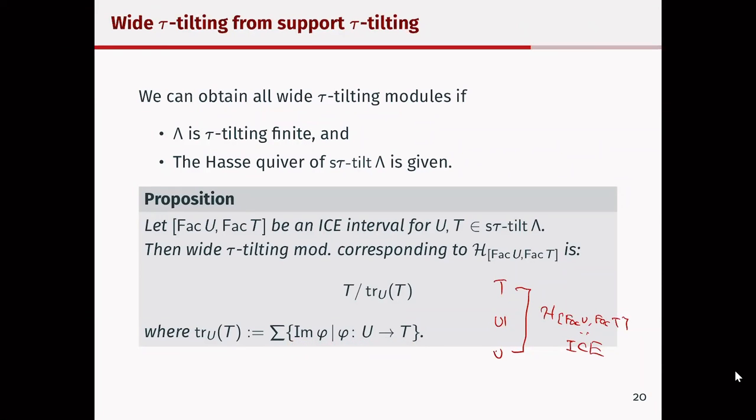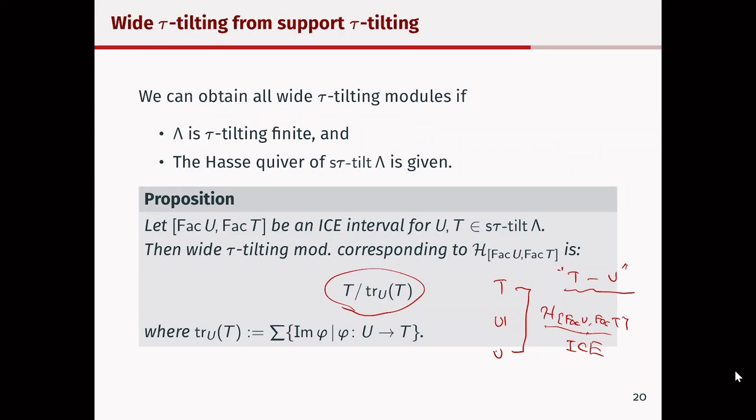This is very natural, because the hat is something like the difference between two torsion classes. So we have to consider a difference like T minus U of two modules, and this can be realized as this.